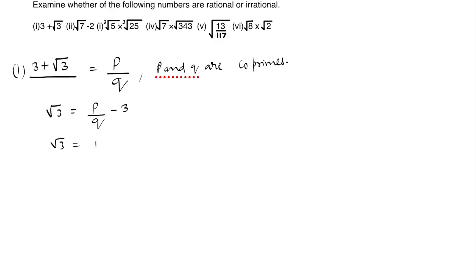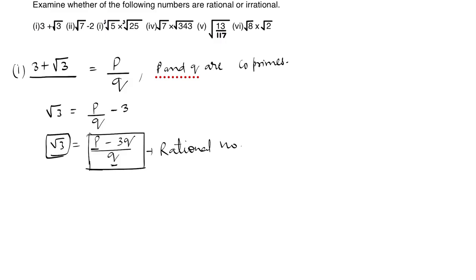Root 3 is equal to p minus 3q upon q. Okay. Now p is an integer, q is also an integer. Okay. So this whole number is in the form of a rational number. Okay. So if this is a rational number, root 3 will also be a rational number. Okay. But this contradicts the fact that root 3 is an irrational number.